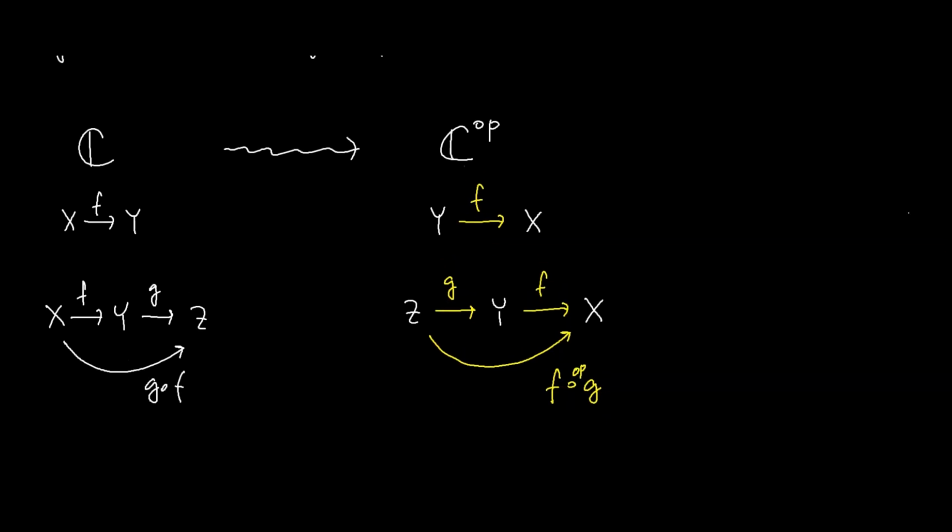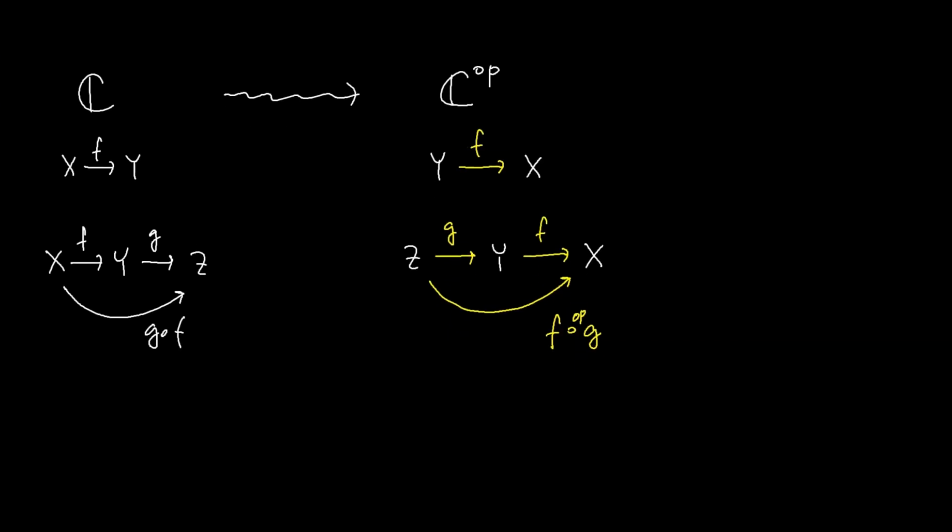Composition in this dual category is defined almost the same way as in the original one. It just swaps the order in which things are composed, which is an immediate effect of having swapped the directions of arrows. Then associativity of composition automatically carries over, and identity laws also carry over. So we do get C op to be a category.